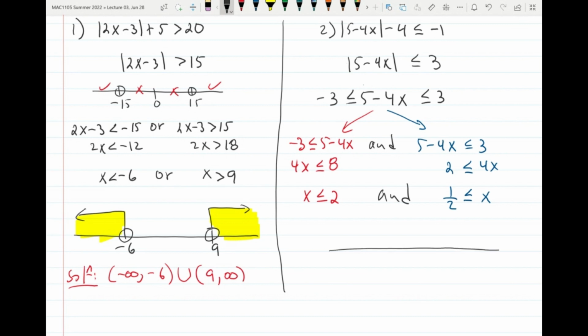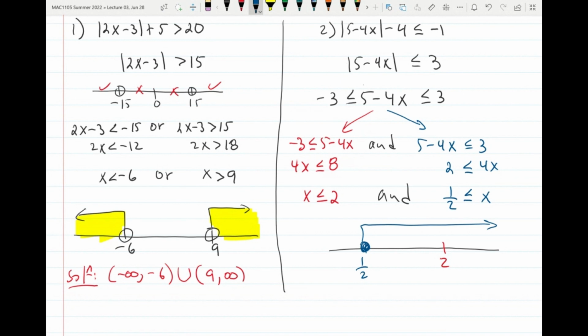All right, so let's see. So here is 1/2, and here is 2. Let's see, 1/2, closed circle. Should we go right or left? Right. So we go right because 1/2 is less than or equal to x. So x is bigger or equal to.